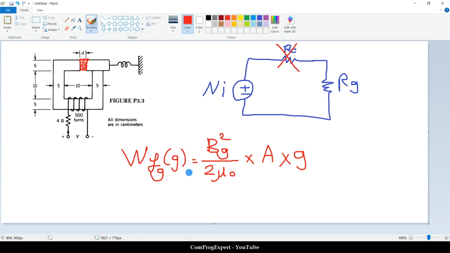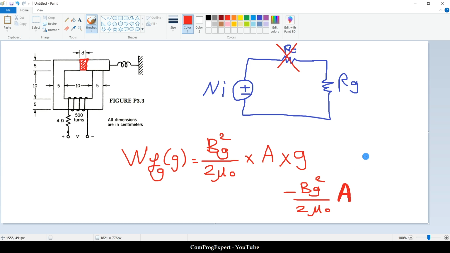If we take the partial derivative, the force will be equal to negative B_gap squared divided by 2 mu 0 times area. Okay, so this is the force applied to the moving part.